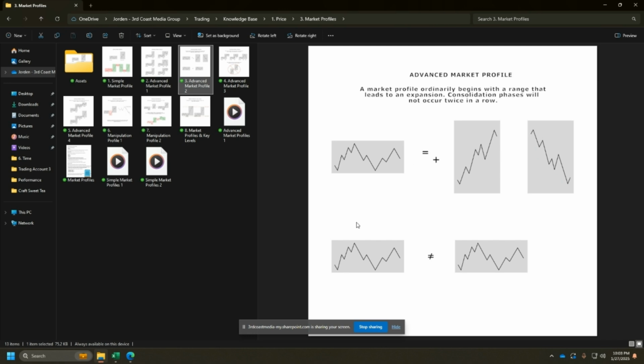So, consolidation phases will not occur twice in a row. So, we won't have two ranges in a row. If these were together, it would just be one range. So, this would be like the range over the course of a day, the range over the course of another day, or the range over the course of a week, and the range over the course of another week.